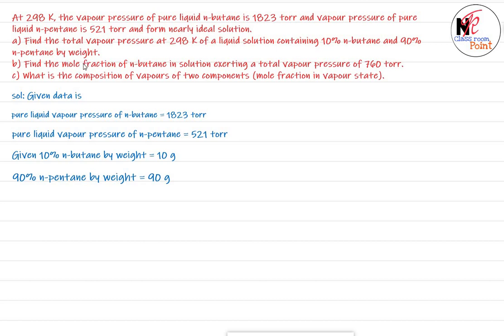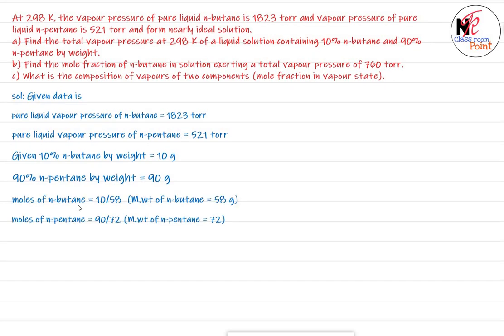By weight means it is nothing but the mass. So 10% of N-butane by weight is 10 grams and 90% of N-pentane by weight is 90 grams. Now our duty is to calculate the mole fraction. For that, initially we need to calculate the number of moles of both N-butane and N-pentane. Let us see that calculation now.